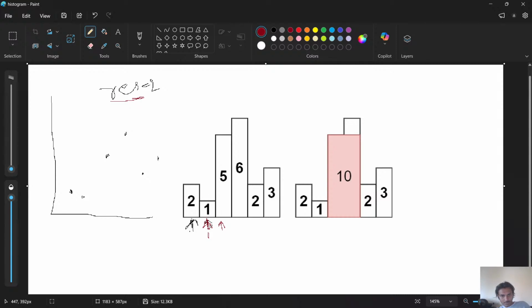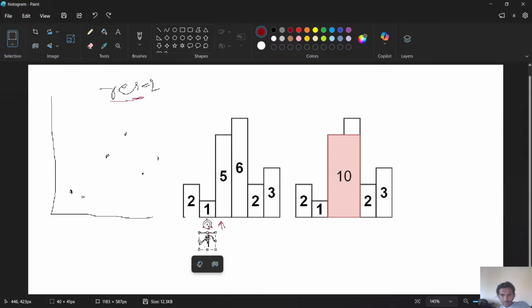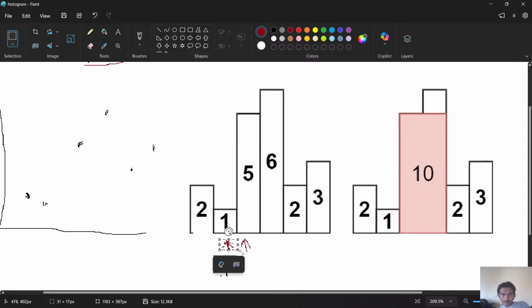We move the left pointer here, we move this pointer here, and move this pointer over here, and again we calculate.